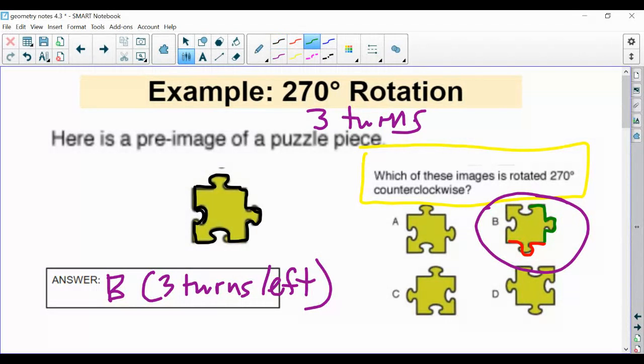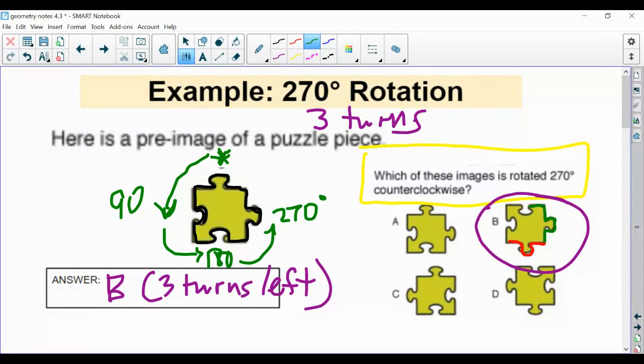270, that means 3 turns. So let's say I start here. I'm going to put a star, meaning this is where I start. So if I turn it to here, that's 90. And then when I turn it to here, that's 180. And then when I turn it to here, that's going to be 270.